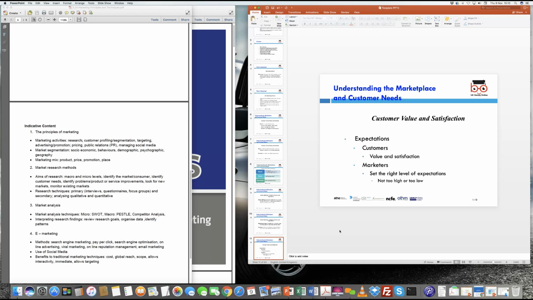And this concept of customer value and satisfaction is what we look at when we look at understanding expectation of our consumers. That expectation can be measured in terms of value which the customer places to buy your products, or the money the customer is willing to shell out to buy your products. And in return, when they buy the products, how satisfied are they with their usage of that product?